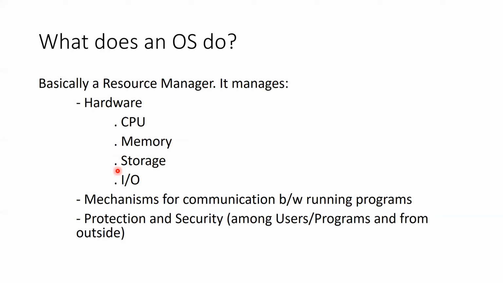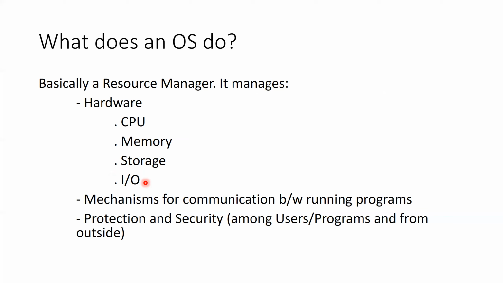The I/O, input output, again, as I said, the applications cannot access the hardware directly. So when you type on the keyboard, there are hundreds of programs running. Which program should receive this input? Obviously, the one that you intended to.